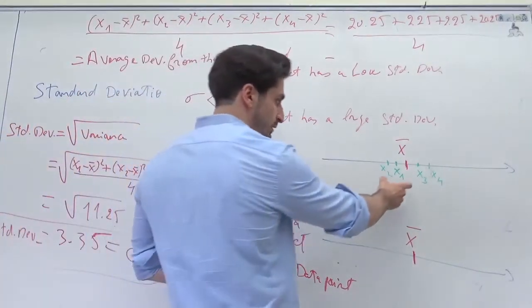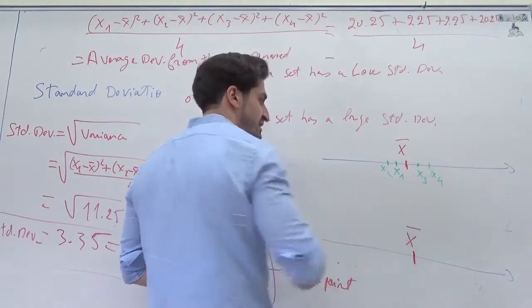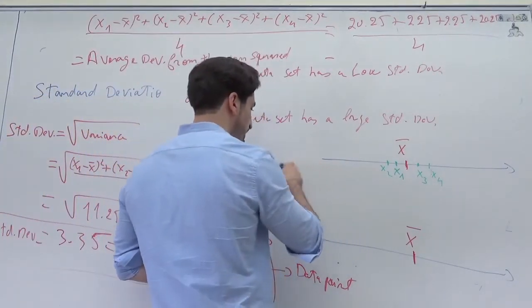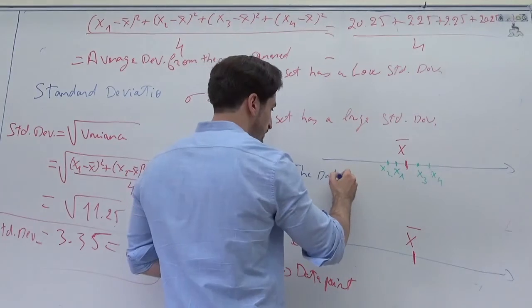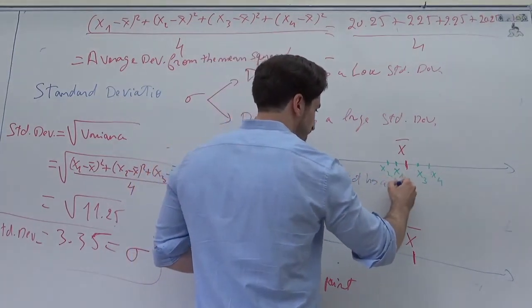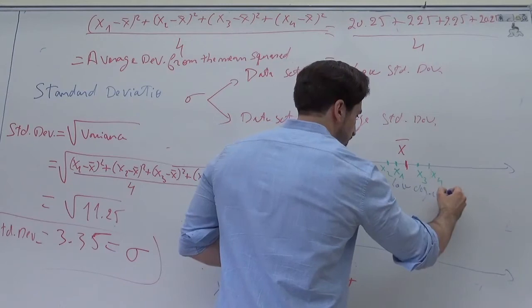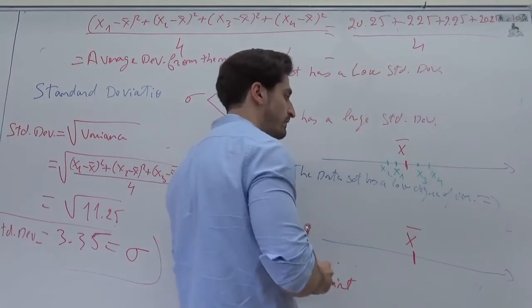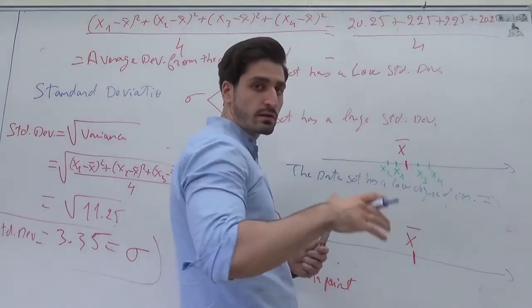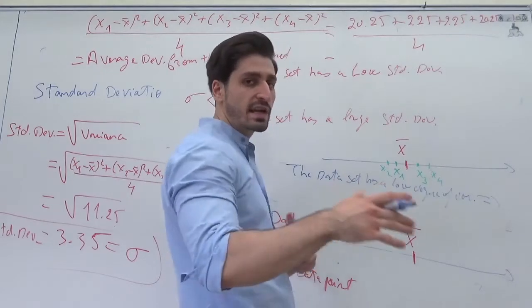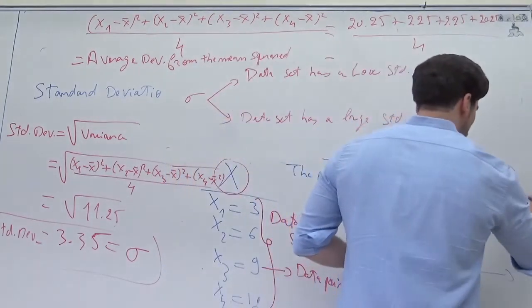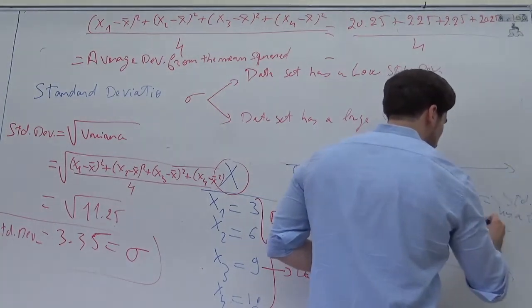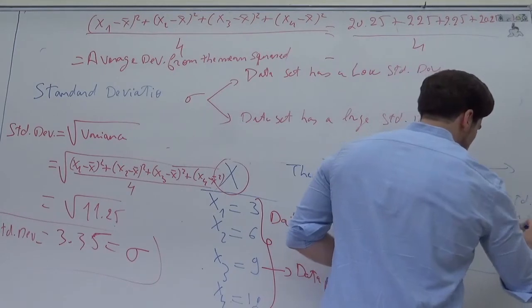So since over here we have a low standard deviation, therefore that data set has a low degree of variability, meaning that the standard deviation has a low measure of variability.